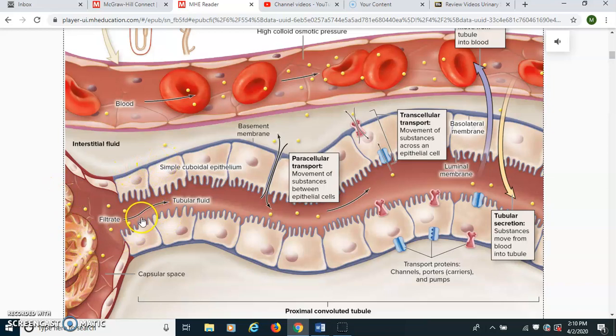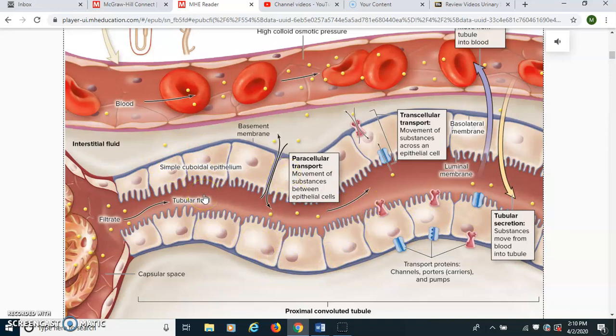And this is the beginning of our proximal convoluted tubule. So you'll notice that we have this little lumen where the tubular fluid is flowing, and then the wall of the tubules is lined with these little epithelial cells, and they're simple cuboidal ones. So that's what's lining them.